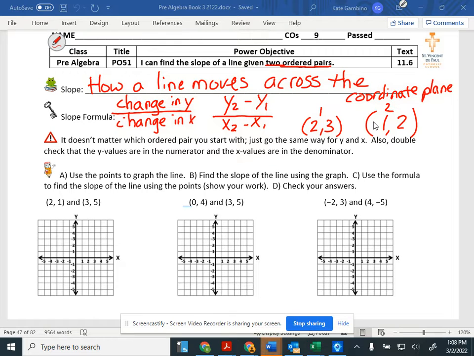So my y2 is a 3 over, minus my y1. Oh, I did that backwards. Sorry. Deep breath. y2, so we've got our 2, over my y1, which would be my 3. Then we have x2 over x1, which is the 2.